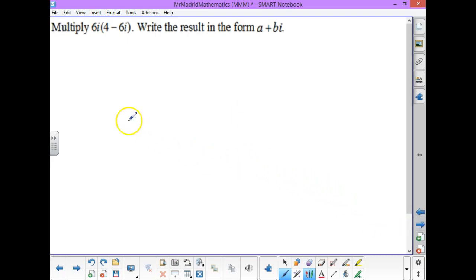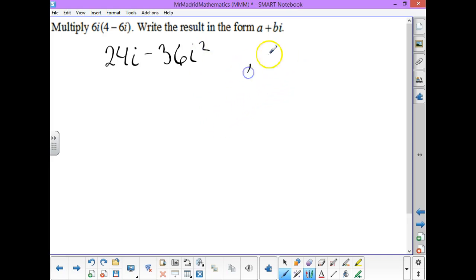And lastly, multiply 6i times this complex number, write the result as a plus bi. Okay. So let's go ahead and set this up. You've got 6i times 4, which is very obviously 24i. And then you've got, pay attention here, 6i times minus 6i, so you get minus 36 i times i, which is i squared.